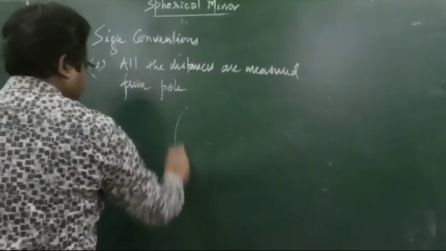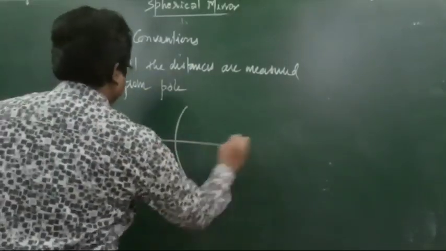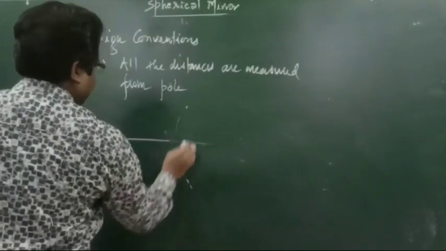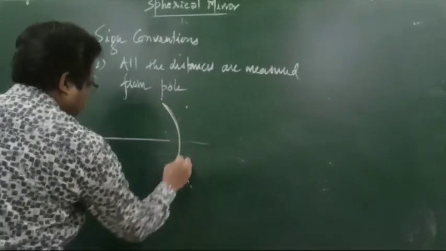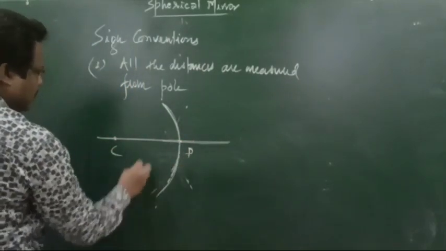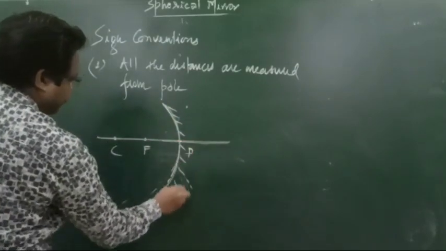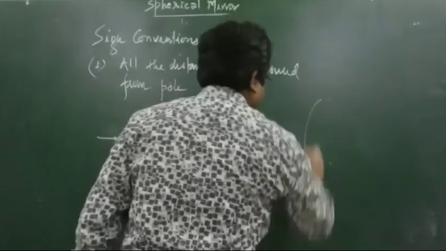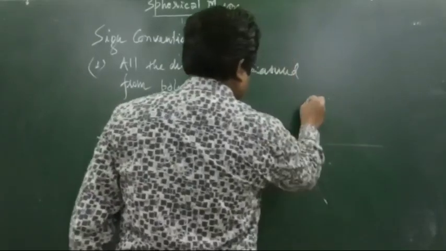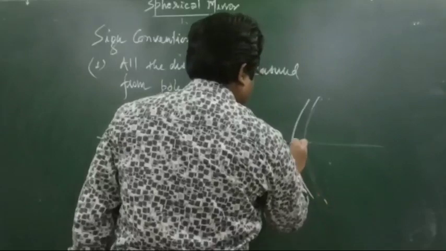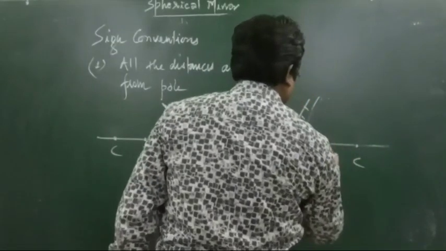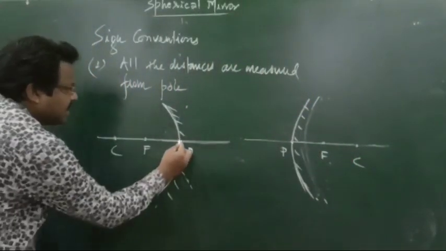If you have either a concave mirror or a convex mirror, we measure all the distances from the pole.